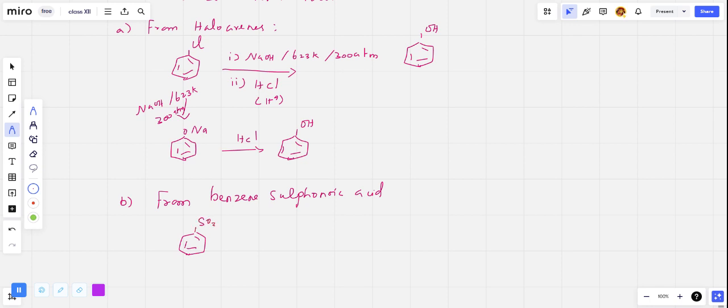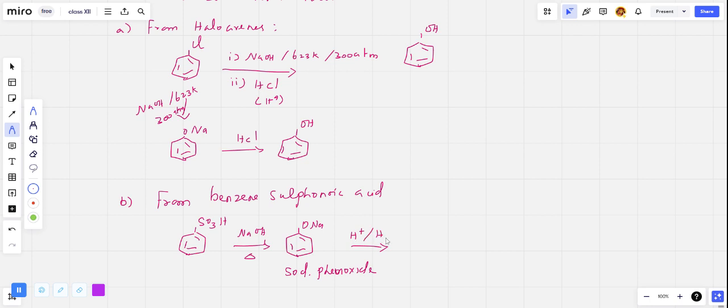This is benzene sulfonic acid, with SO3H. With NaOH on heating, in the first step we again get sodium phenoxide. The name sodium phenoxide is very important.